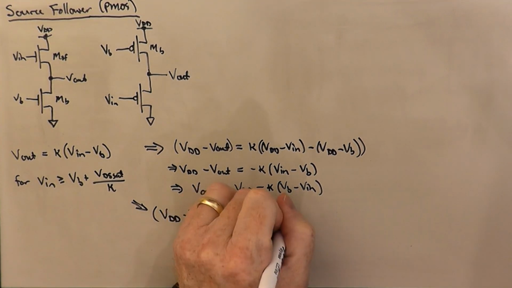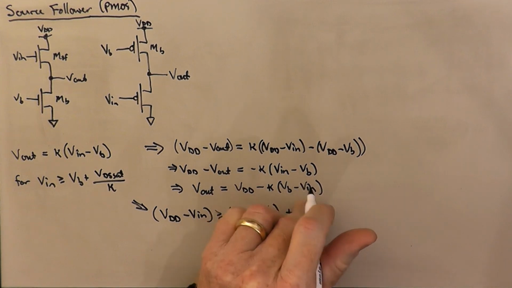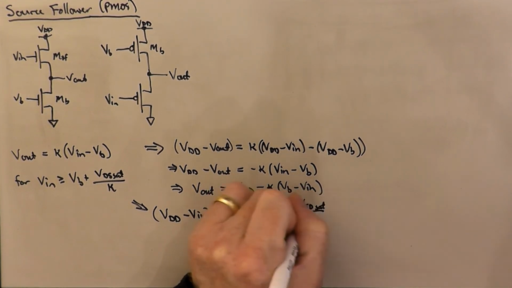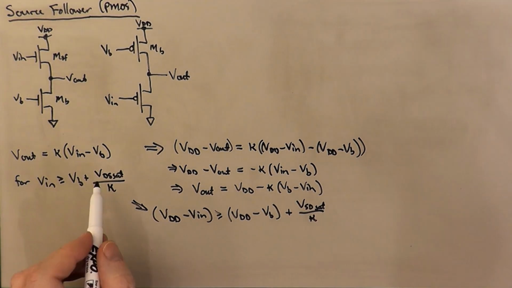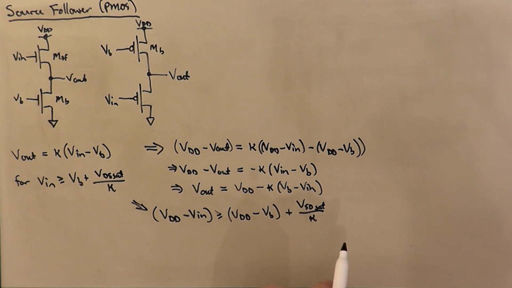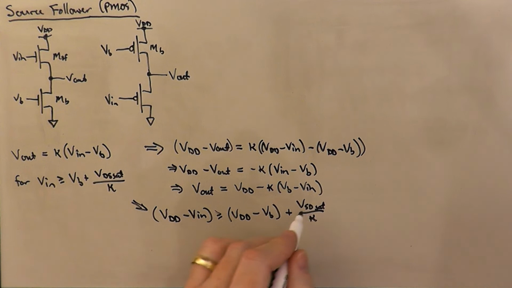And actually the VDS sat would become VSD sat over kappa. You could put in VDD minus VS, or VDD minus VD minus VDD minus VS, and it would become minus VD and minus VS, and that becomes VSD. The VDDs would cancel, and so I just did that in one step.